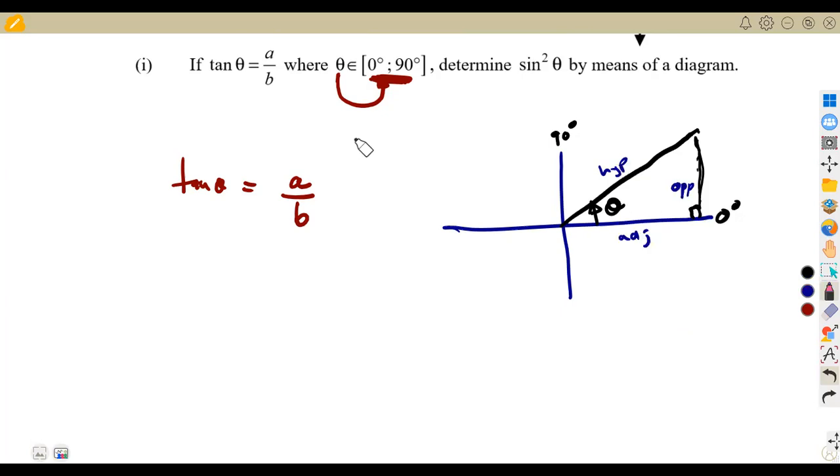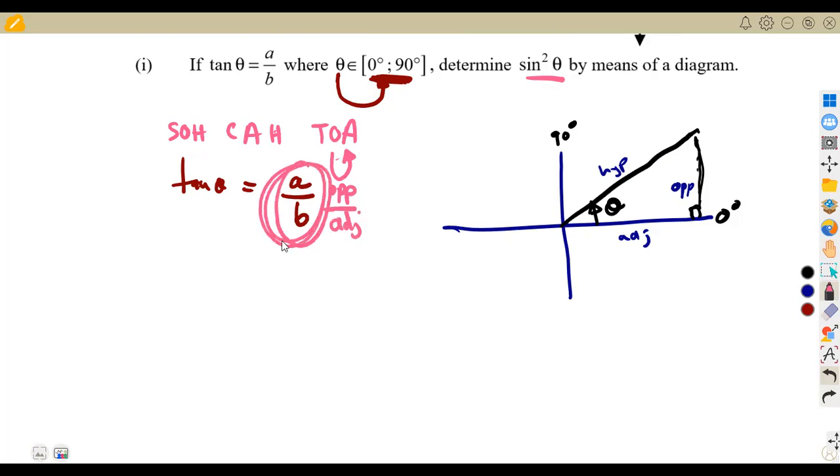So they are saying, determine sine squared theta by means of a diagram. So we are given tan theta, and we know that from our SOHCAHTOA concept, the tan is opposite over the adjacent. So we've got opposite here over the adjacent. That means A and B represent the opposite and the adjacent, right?